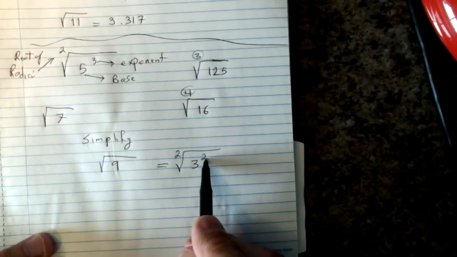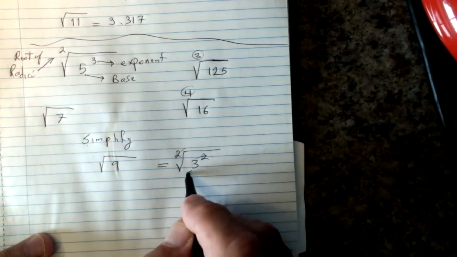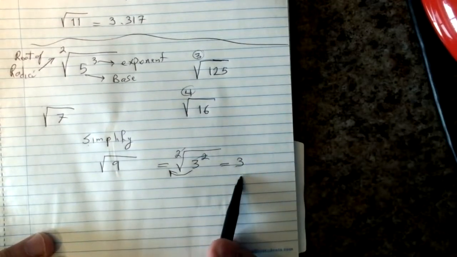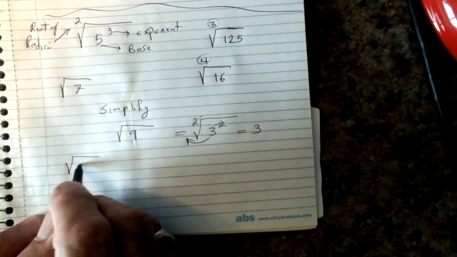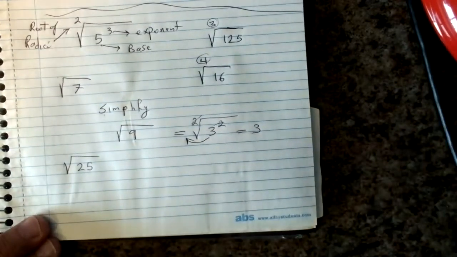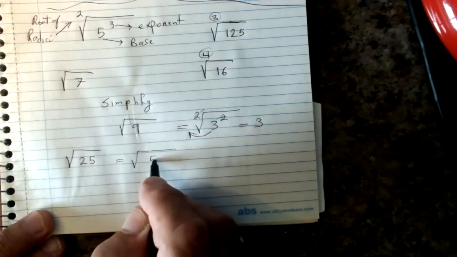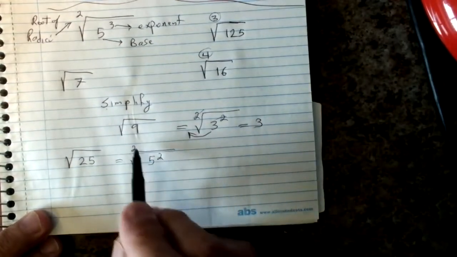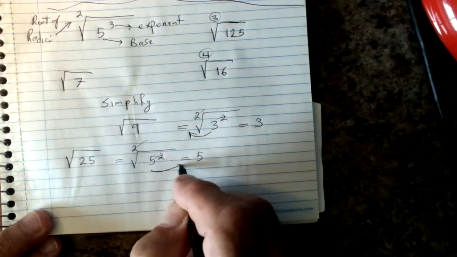If the exponent and the root of the radical are equal, then 3 is reduced from the radical. So radical 9 is 3. Or what is radical 25? I want to simplify radical 25. 25 is 5 to the power of 2. These two are equal, so 5 is coming out of the radical.